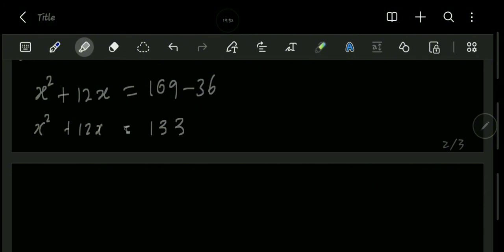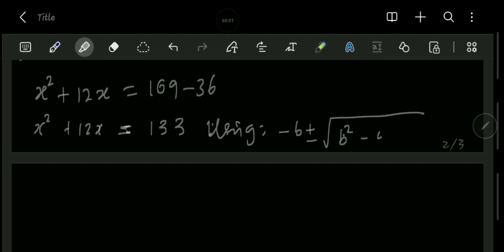I can solve this using any of the methods, but I want to go with the quadratic formula, which states that x equals minus b plus or minus square root of b squared minus 4ac all over 2a. So this is the quadratic formula.